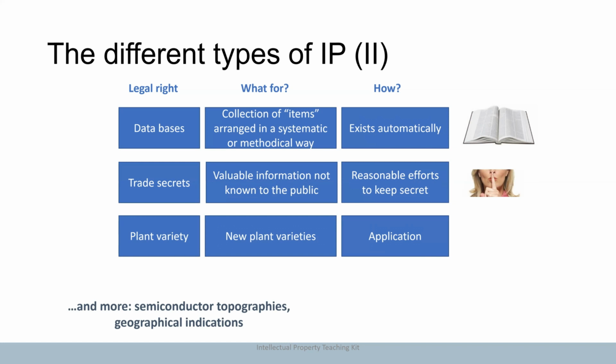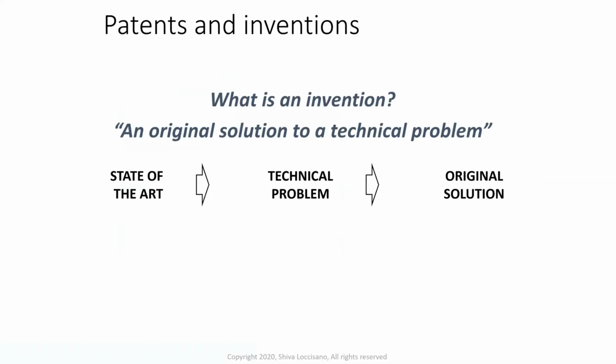Okay, so this is a very general and quick list of the different kinds of IP that exist and the rights that can be attached to those IP. Now we go into the patent specification. We will have a better look into the patent system and how we can obtain a patent and the different strategies that we can use to protect our invention with a patent.